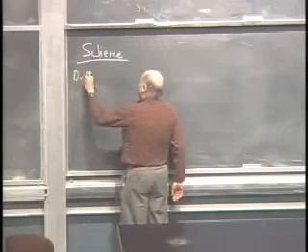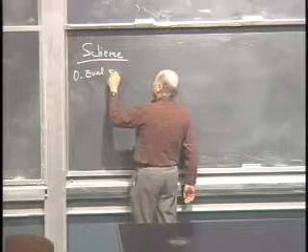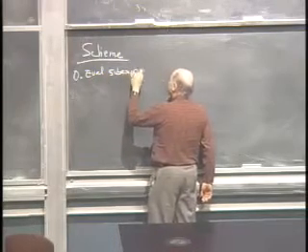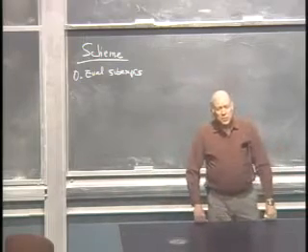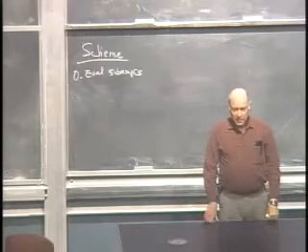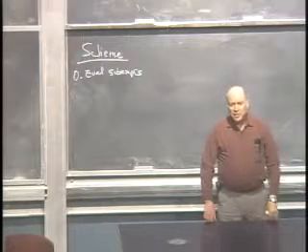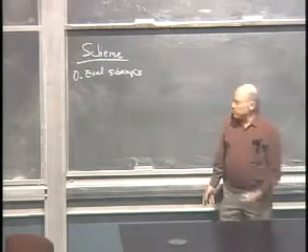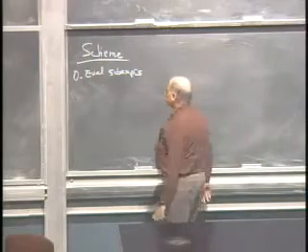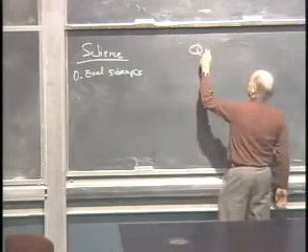Step number 0 is evaluate subexpressions, right, because of applicative order. That doesn't apply here because there's no values in this system. There's nothing to evaluate. We're just doing text matching, words against words. So we don't have that step in the query system.